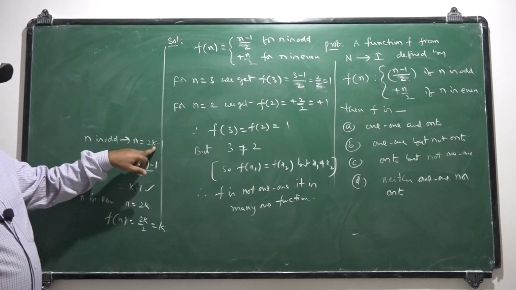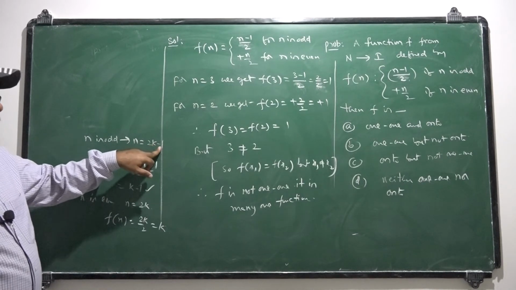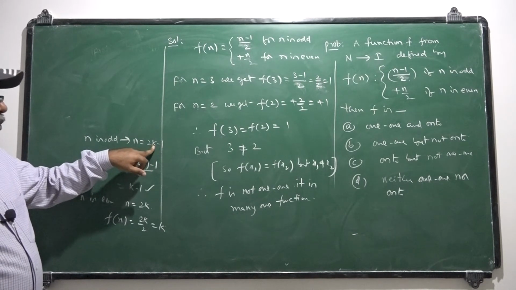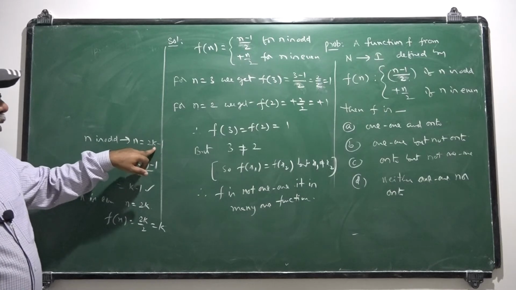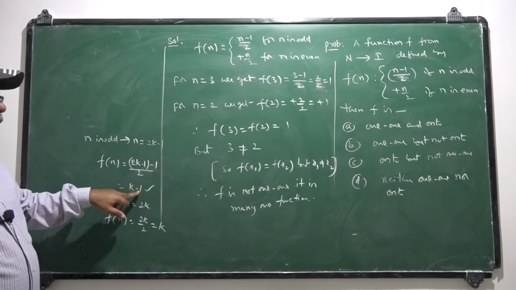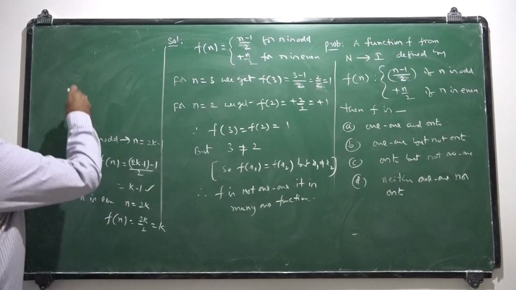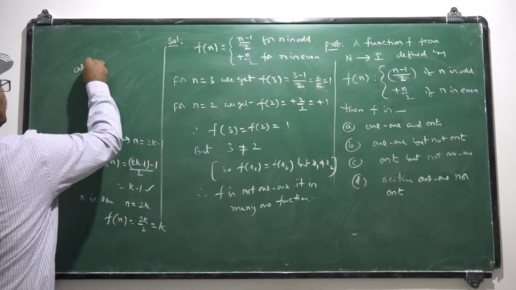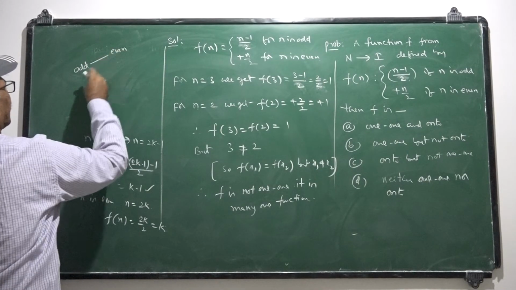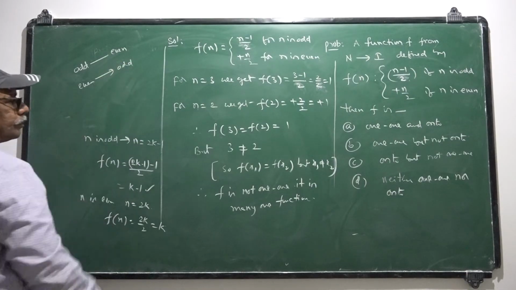If k is odd, this is even, 2k is even minus 1. K is odd, this is even minus 1, that is odd. Some odd minus 1 is mapped to odd minus 1, meaning even. That means an odd integer is mapped to an even integer and an even integer is mapped to an odd integer.